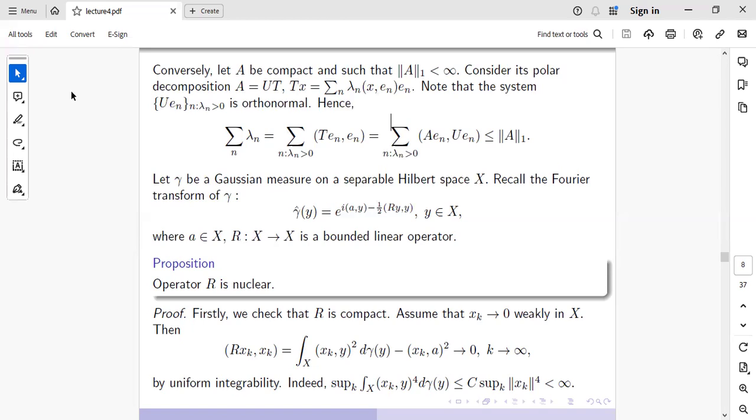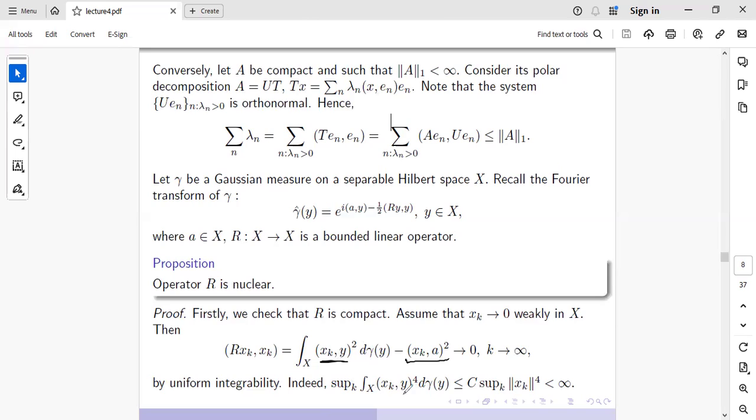And we note that it converges to 0. Of course, this part converges to 0 because x_k converges to 0 weakly. And here, for every y, the integrand converges to 0. And also, these integrands are uniformly integrable.